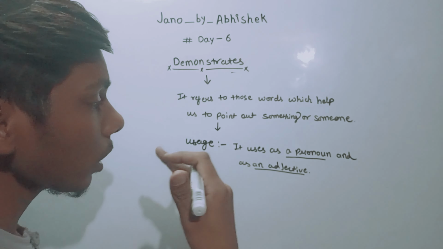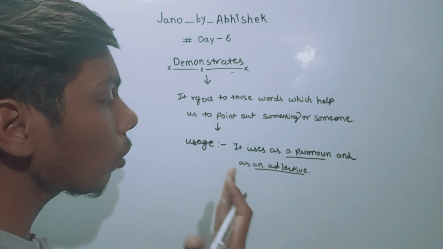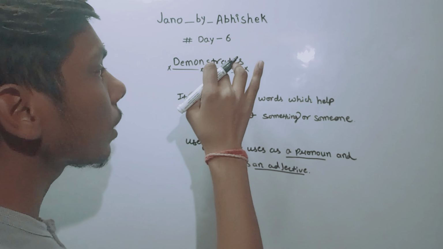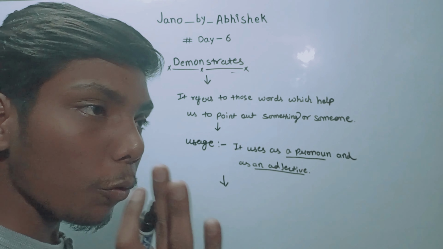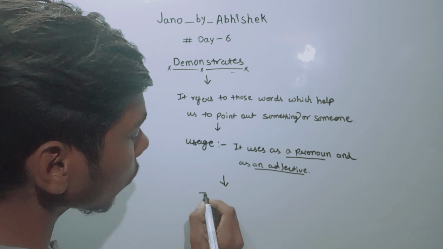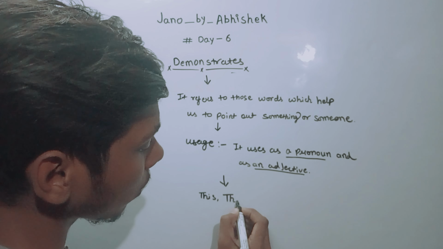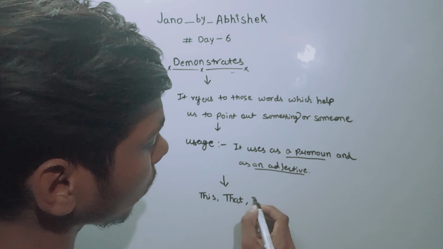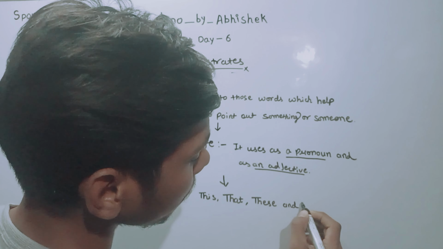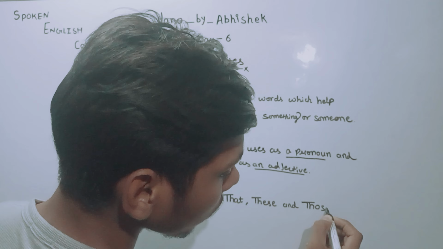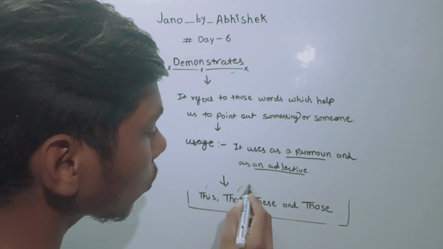Let's see what those four words are which come under demonstratives. Under demonstratives there are only four words: first one is this, that, these, and those. One, two, three, four.